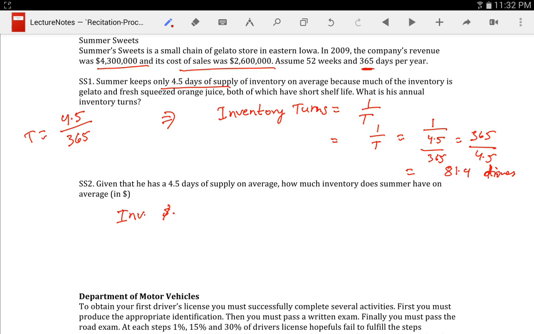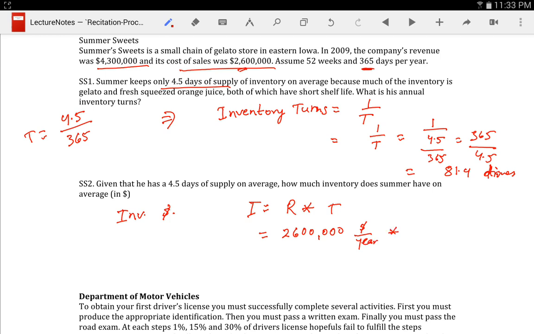Inventory in terms of dollars, again, I equals R times T. We know our R is, again, remember, whenever it's flow rate, in all these calculations, we always want to use COGS, not the revenue. We know our rate is 2,600,000 dollars per year.